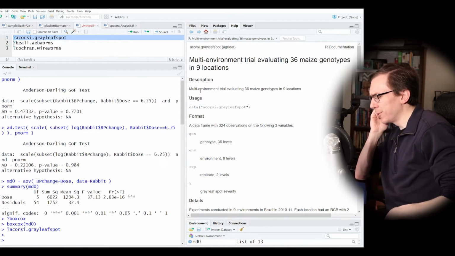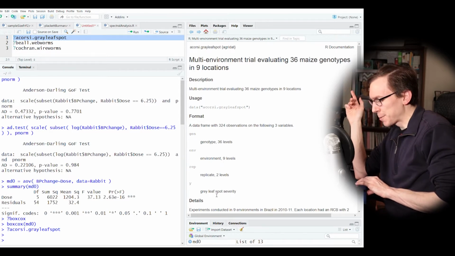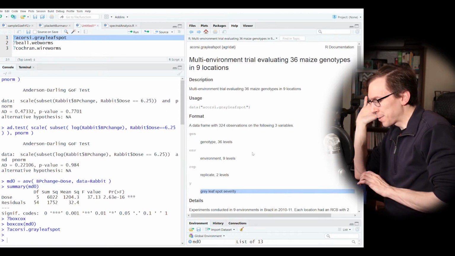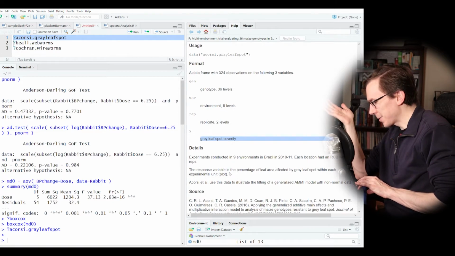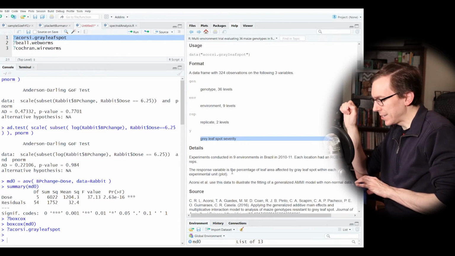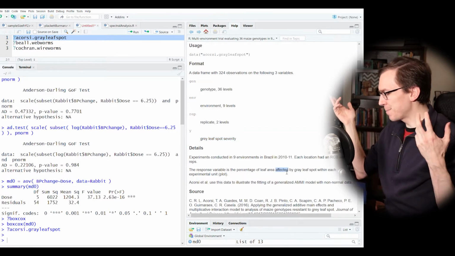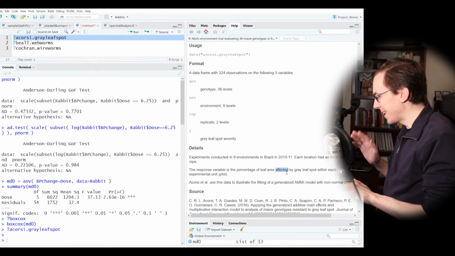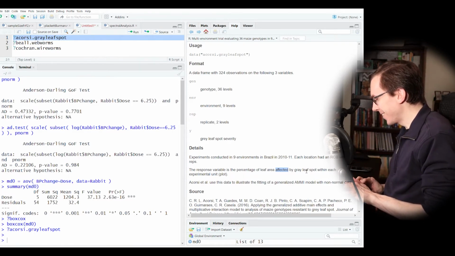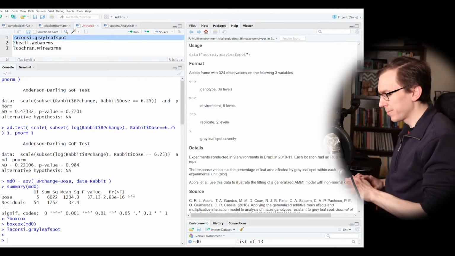Right away you think, why would that not be normal? Well, it's all about the response. The response variable is the percentage of leaf area affected by gray leaf spot, which I guess is a bad thing. I don't know anything about agriculture, but I don't like the sound of gray leaf spot. Within each experimental unit, it's actually a fraction of a whole.